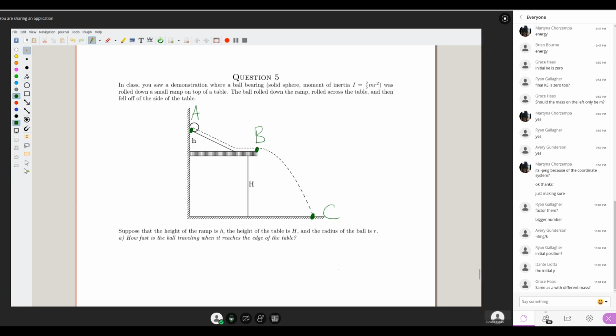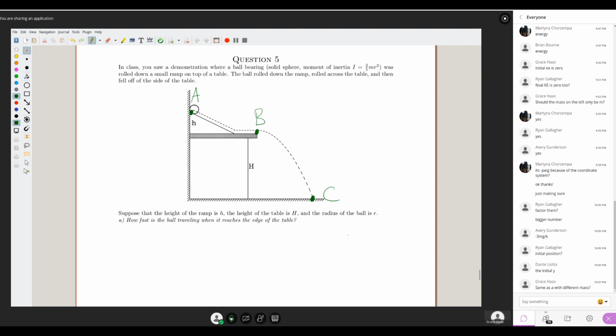So how are we going to figure out how fast the ball is traveling at the edge of the table? We're going from point A to finding the velocity at B. How are we going to figure that out?